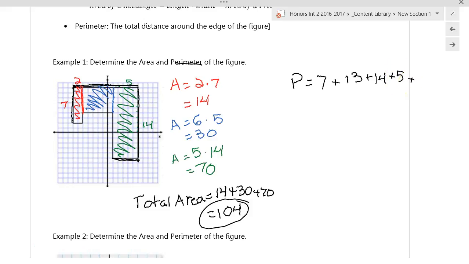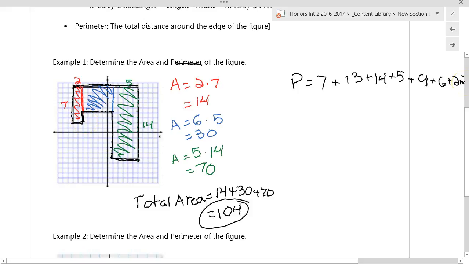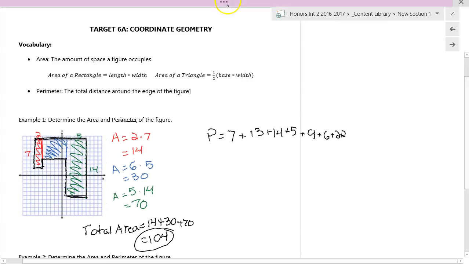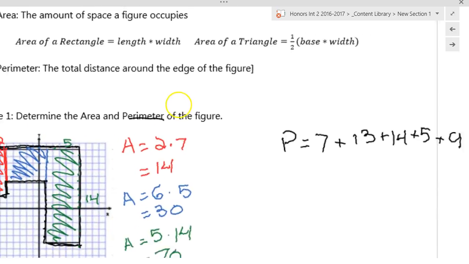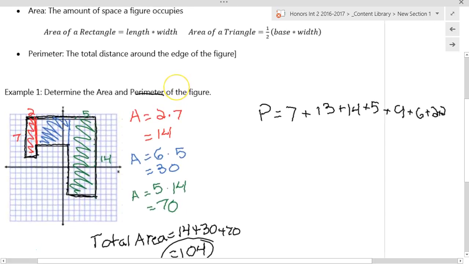Plus, here, we get 1, 2, 3, 4, 5, 6, 7, 8, 9. Plus, here we have 6. Plus 2. Plus, and then my last 2. So you're really just going around the whole figure and trying to find that total distance around.